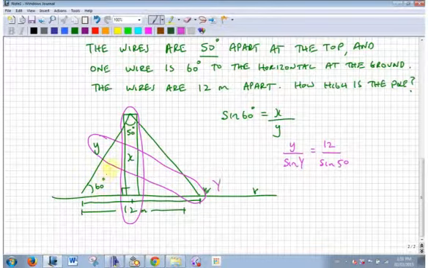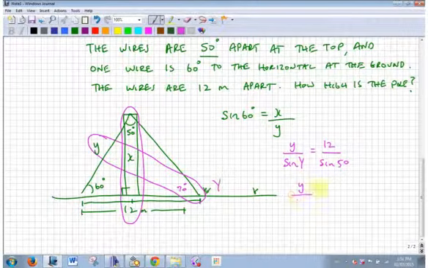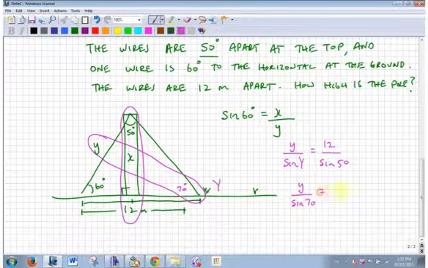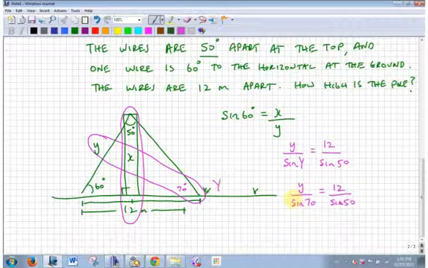Do I need to do that in a calculator? That's 70 degrees. Double check it: 130 and 50. Yep, that's 180. So I'm going to put that right in there and go y, I'll write it out again, over sine 70 is 12 over sine 50. How do I solve this thing for y?